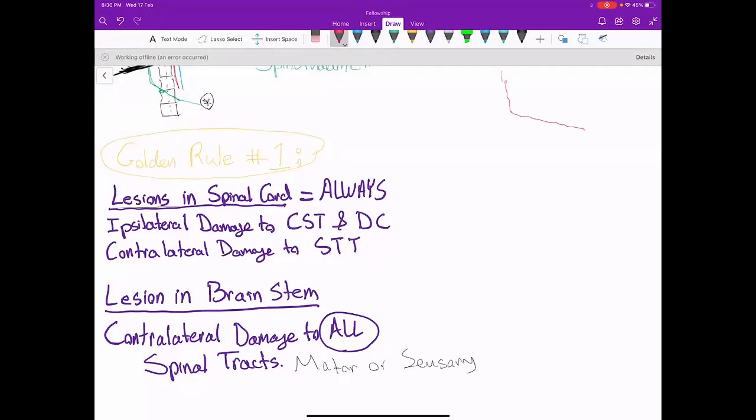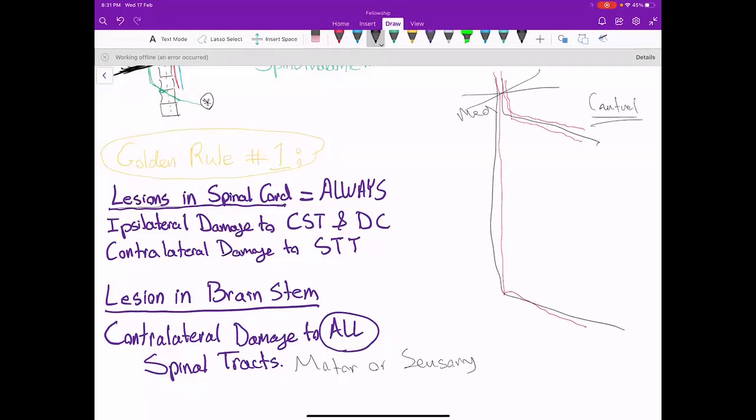The dorsal column comes down and also decussates at the level of the medulla. The spinothalamic goes all the way down on the same side, then decussates to the other side. So regardless, if I get a lesion above the medulla, everything is affected on one side, so we lose everything contralaterally.